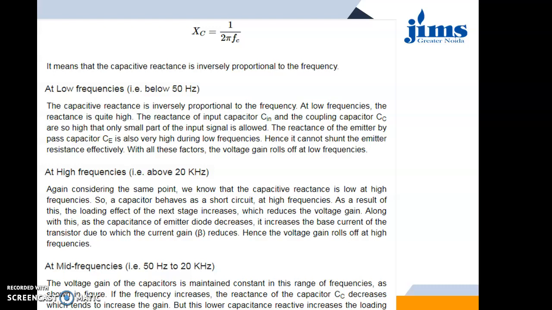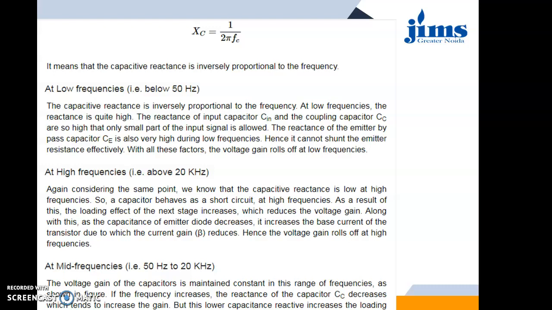Now for high frequency, we consider the high frequency ranges which is above 20 kHz. The reactance of the coupling capacitors becomes small, and they behave as a short circuit, no doubt in it. But now the Miller effect comes into the picture, which is the junction capacitances, and the junction capacitances add up and result in large reactance, and give rise to the roll off in the gain.